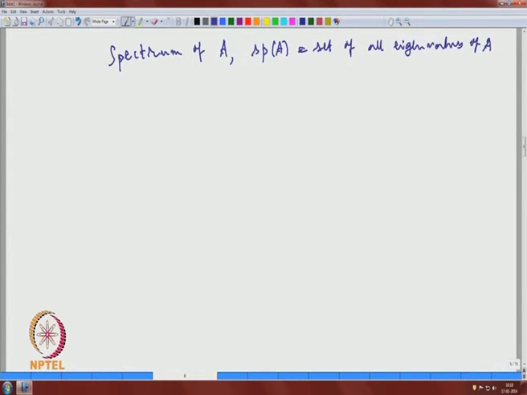So, let us split this into two parts. Let lambda 1 to lambda r be the real eigenvalues, counted with multiplicity.